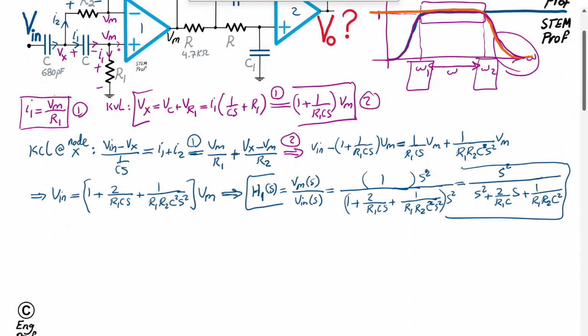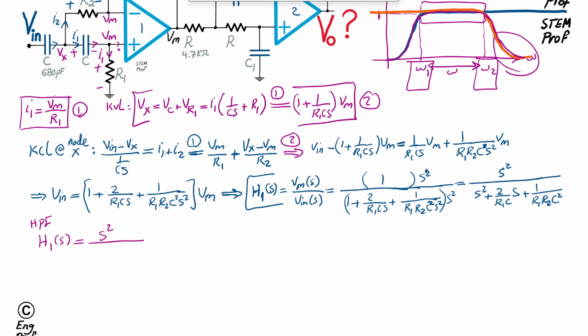One further last step to make it nicer is, so I'm going to write it here with this color. H1 of s for the high pass filter is equal to s squared divided by 1 plus, let's start from the last one.